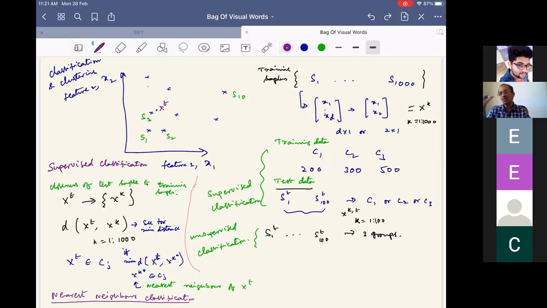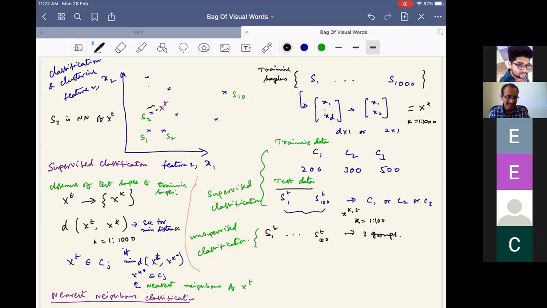Features of S3 are quite close to features of XT. So this implies S3 is the nearest neighbor of XT. This indicates that, right? So I hope you understand this. This is the nearest neighbor classification.